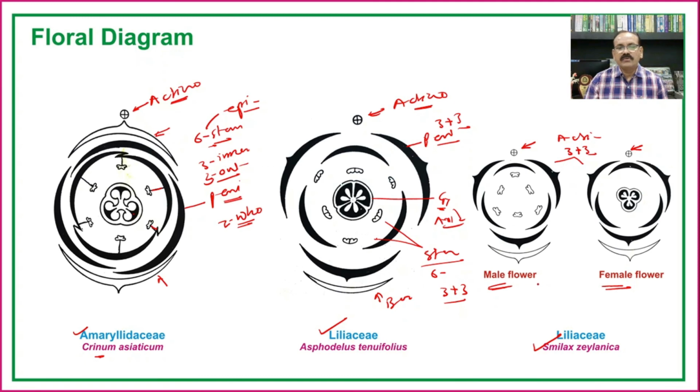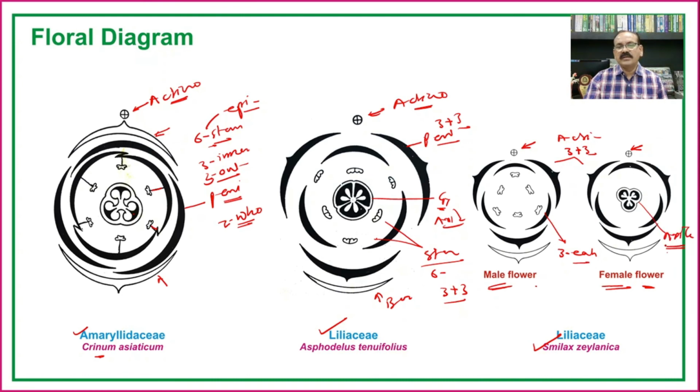Here in the male flower, only the androecium or the stamens are present and the gynoecium is absent, and in the female flower the androecium is absent and the gynoecium is present. The stamens are present in 2 whorls of 3 each, and in the female flower there is a trilocular condition with the development of 2 ovules in each locule with the axile type of placentation.